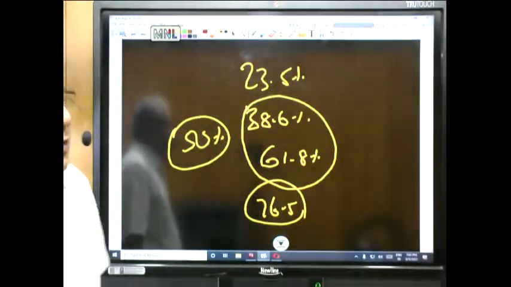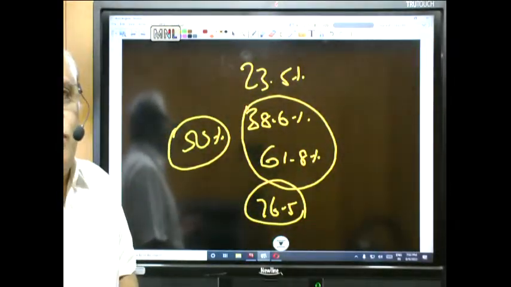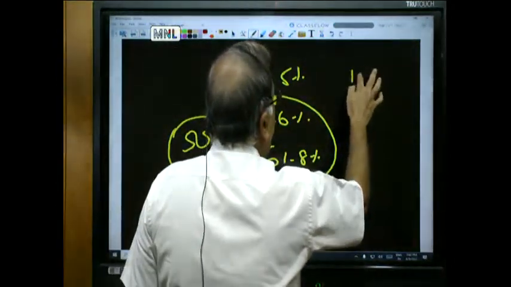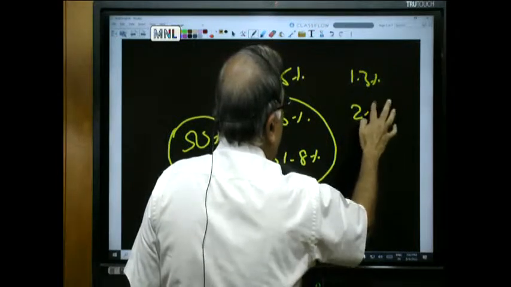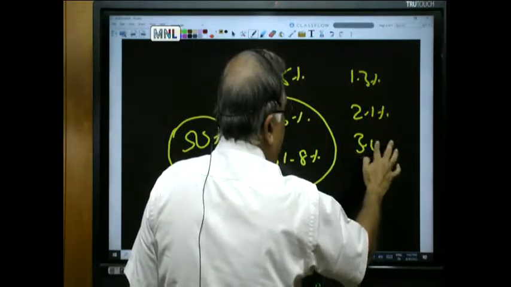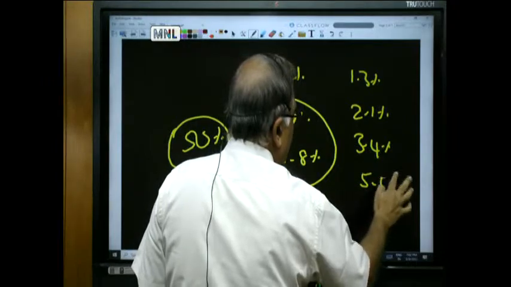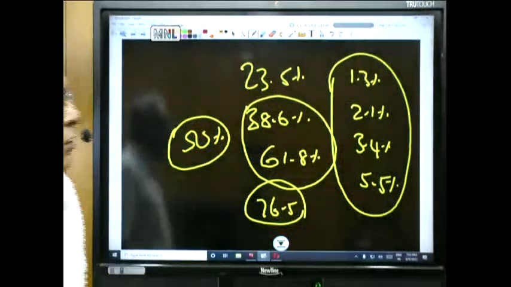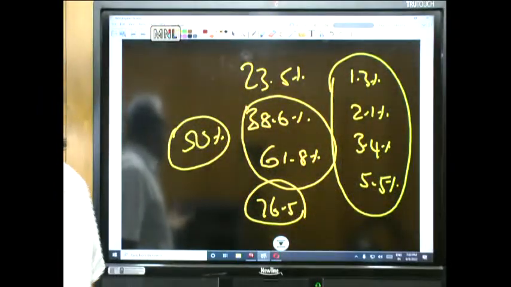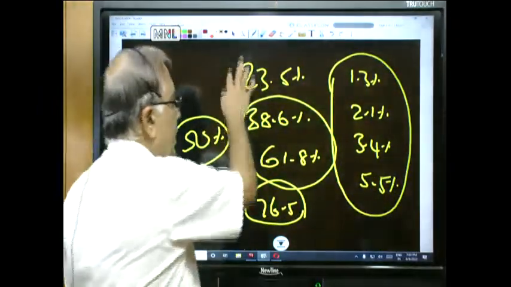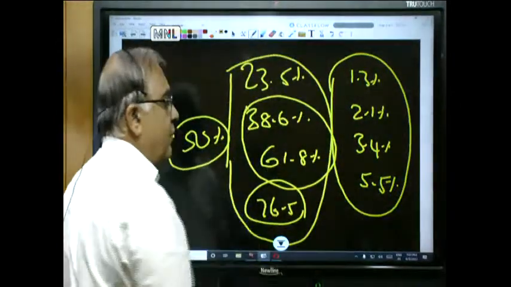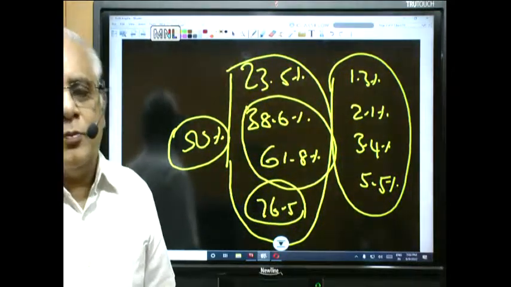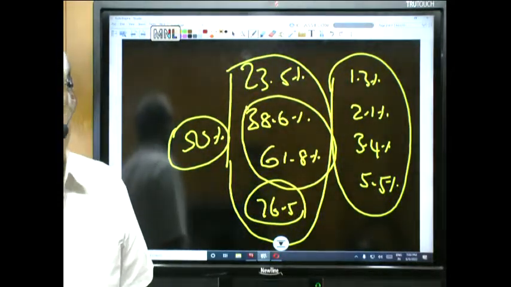Or you can use the percentages like 1.3%, 2.1%, 3.4%, 5.5%. So the more common thing in Fibonacci is to calculate the difference between two important pivots, and with the help of the ratios you find out the support and resistance levels. That's the most commonly used.